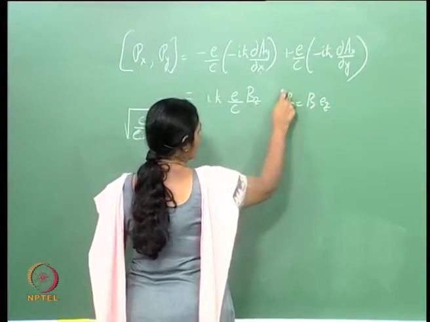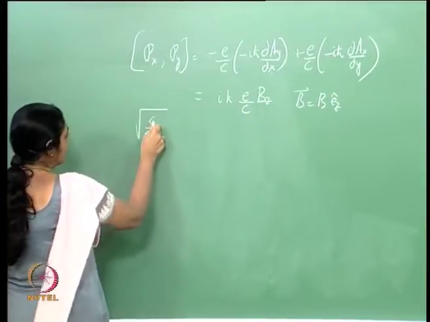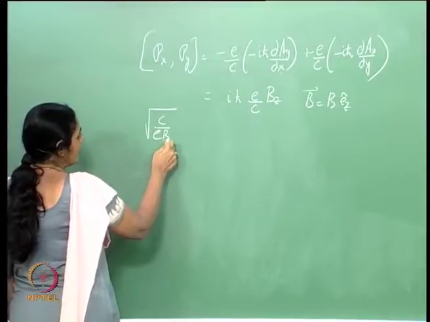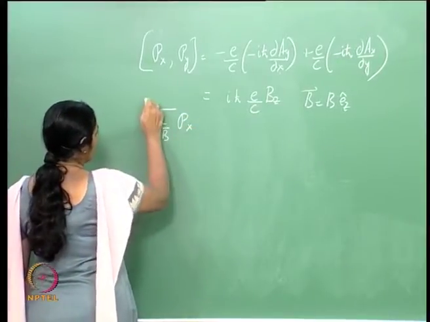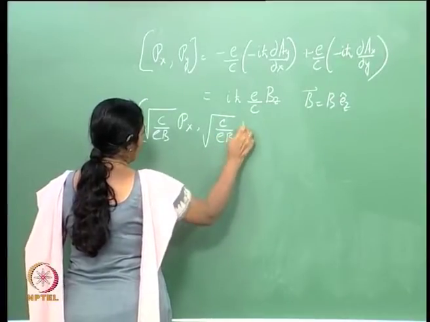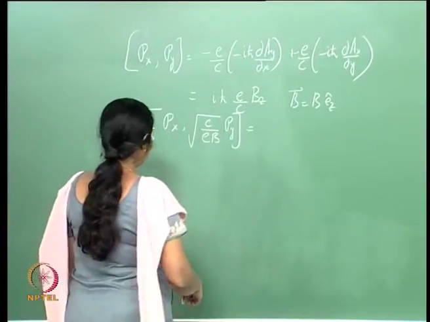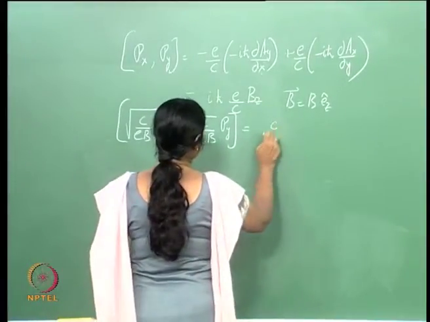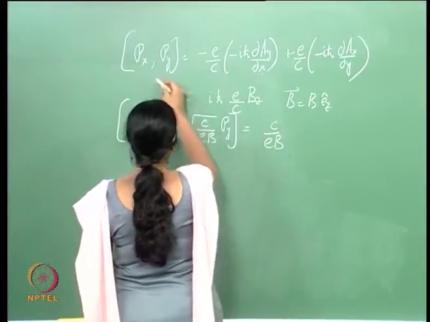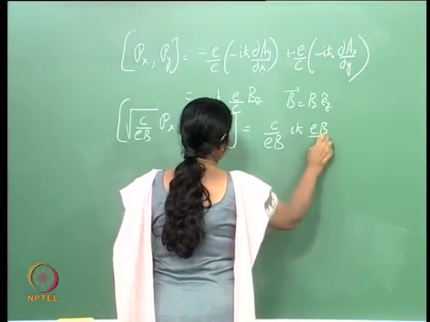Therefore, I will just call this B instead of Bz. So, if I take root of c/eB Px commutator with root of c/eB Py, that is simply going to be c/eB commutator of Px with Py, which I know is this object.